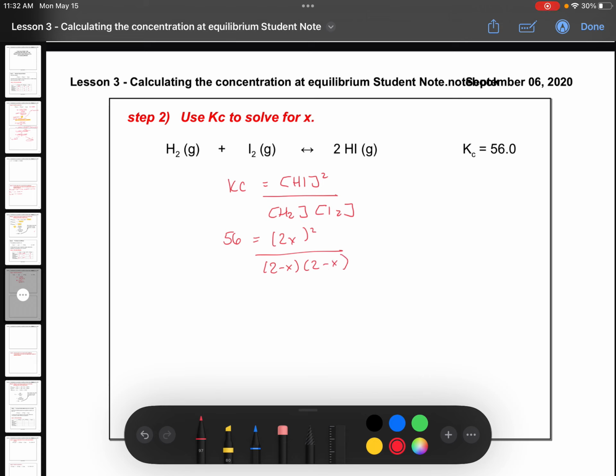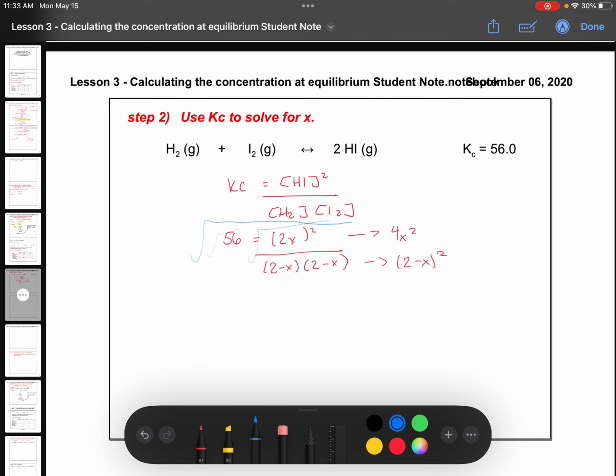So we have 2x squared over 2 minus x, 2 minus x. If we were to expand these out, we would get 4x squared, and then we would also get our 2 minus x squared. We're not going to get rid of our brackets in our denominator. We're going to keep it the way it is written here.